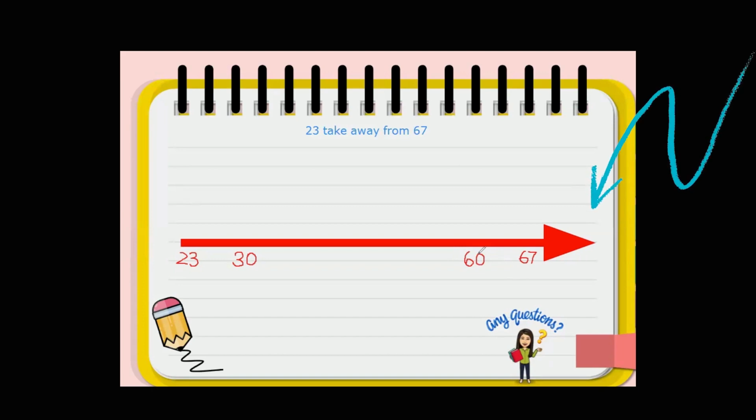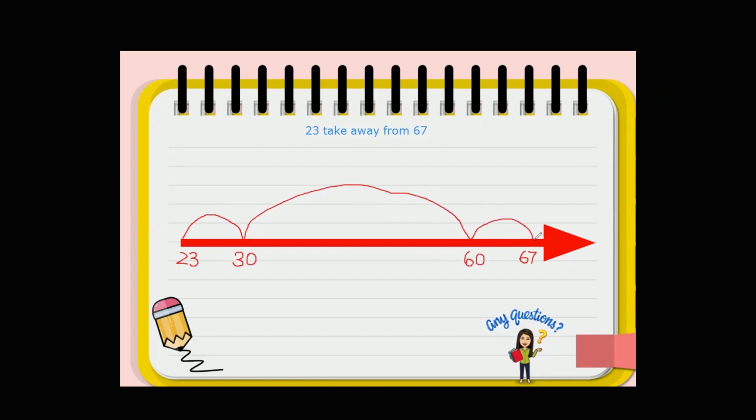And now let's start making the jumps, which is the most interesting part of counting using a number line. One jump from here, and one jump from here to here, and one jump from here to here. So now let's write the numbers we add from each jump.